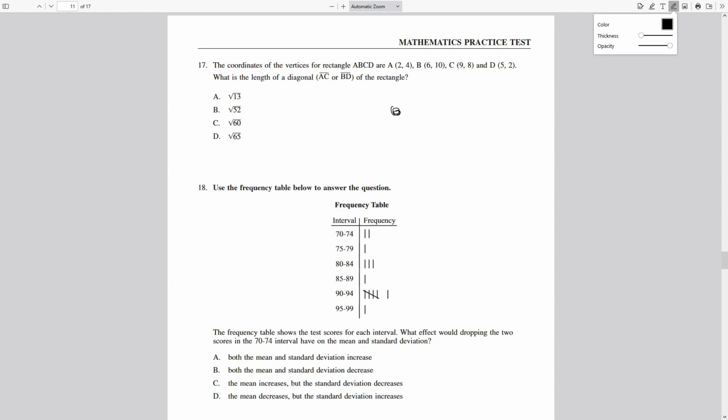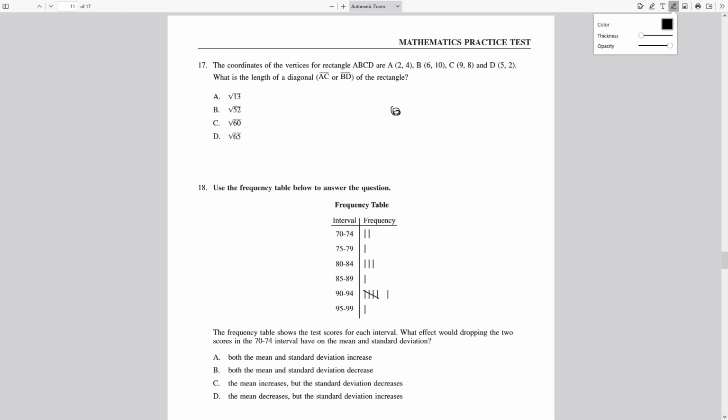Wait, does that make sense? Oh, no. It's an angle. It's an angle.